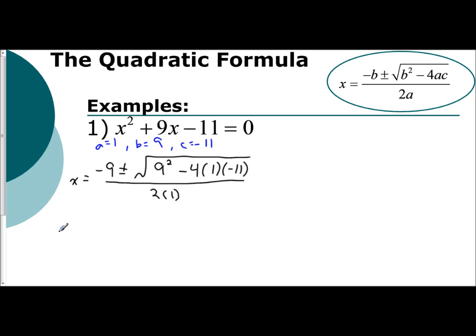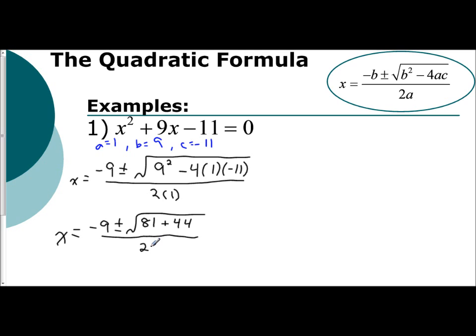So now we do our order of operations. Start inside your grouping symbol, which is a radical. So negative 9 plus or minus 9 squared is 81. And you have negative 4 times 1 times negative 11, which is positive 44, over twice a. So 2 times 1 is 2.